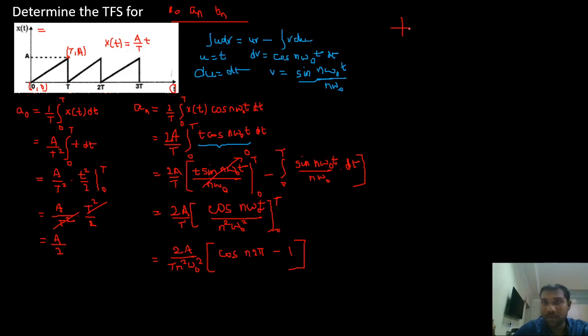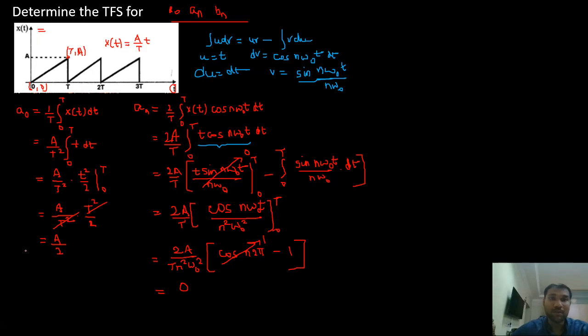It is cos 0, then cos 2 pi, and so on. It's always 1. So 1 minus 1 is 0. So my an is equal to 0, right? An is equal to 0.